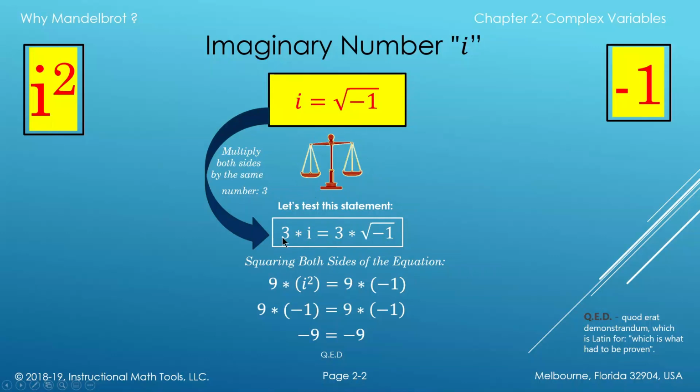We can square 3 to 9, square i to i squared, and we can square the square root of -1 and make it -1. And at the bottom line, we know that -9 is in fact equal to -9. So that does show that this statement up here is accurate, and we will claim a QED on this one, which is we demonstrated that which had to be proven.